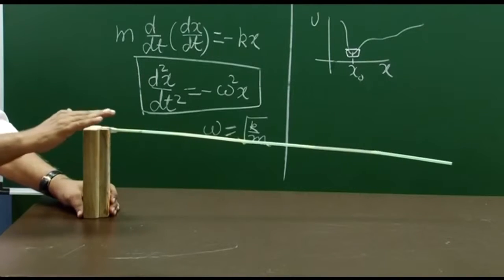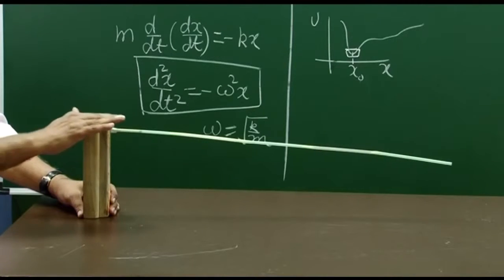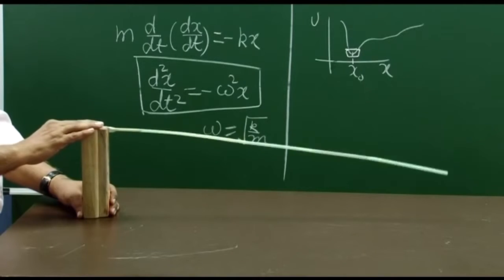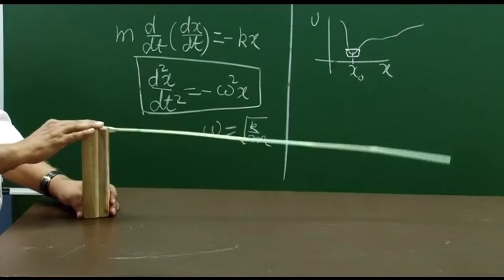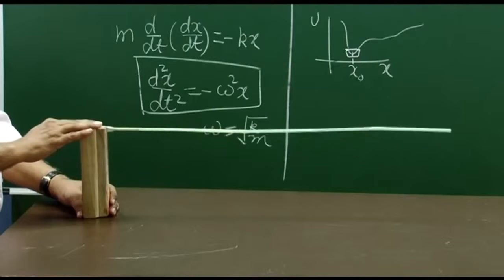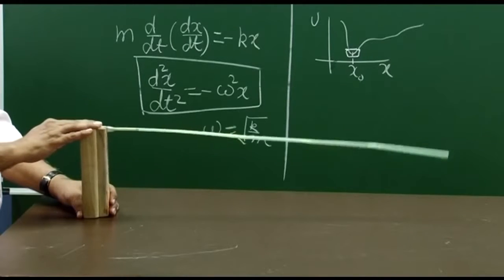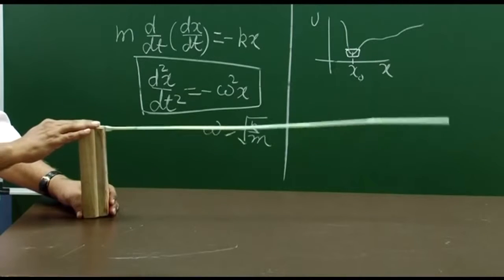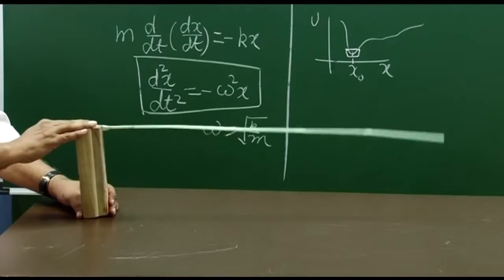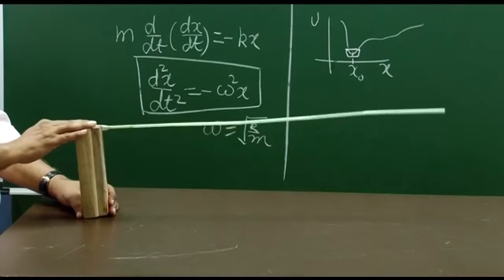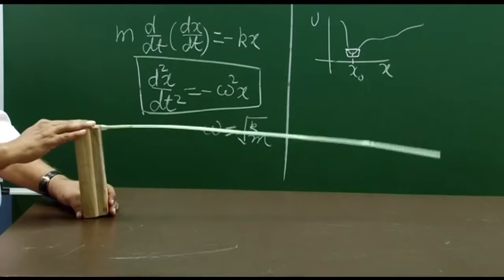And now I will go with an intermediate frequency, and you see what happens. Look at the amplitude of the tip of the straw, and look at the amplitude that I am giving at my finger. I am moving my fingers with a very small amplitude, but you see a large amplitude appearing at the other end of the straw.